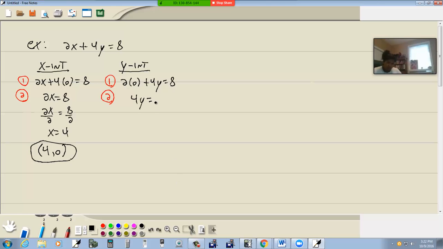So I got 4y is equal to 8. And then I divide both sides by 4, the number that's in front of my y. And we end up with y is equal to 2. And again, more than likely what your teacher wants is the point form of that, which would be 0, 2. And those would be our x-intercept and y-intercept.